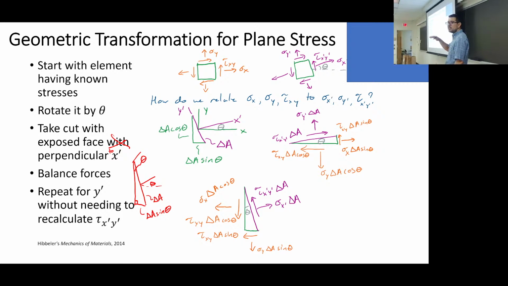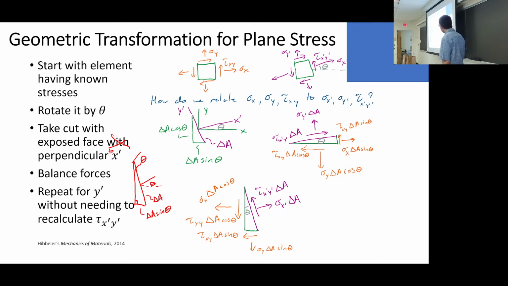You get two equations to solve for two unknowns. Delta A just knocks itself out, right? Delta A is not really an unknown. It's just a dummy variable that helps us to balance forces.